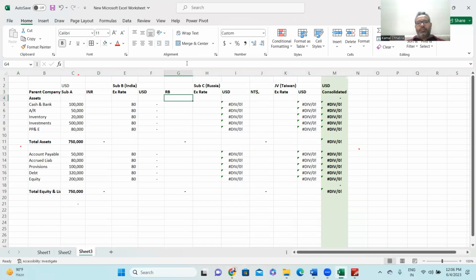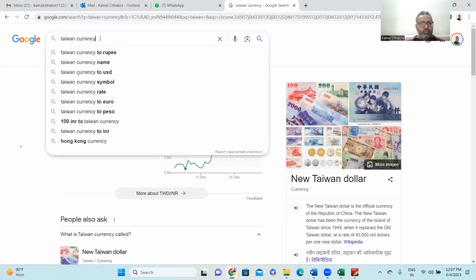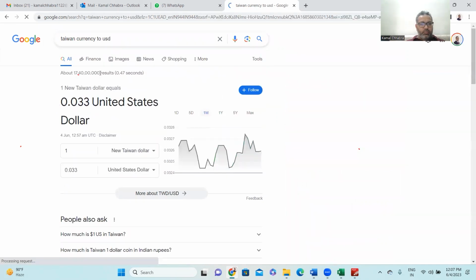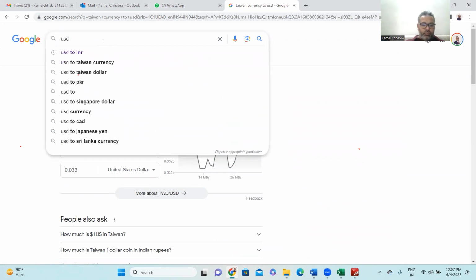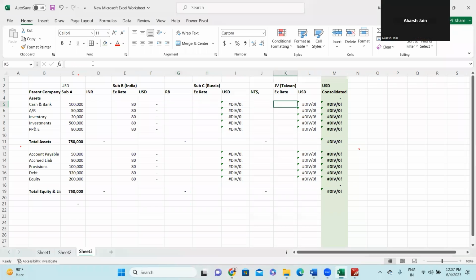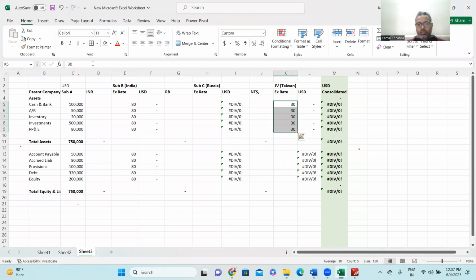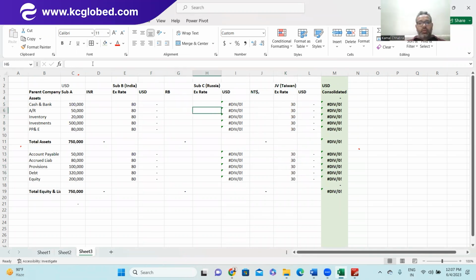Ruble to USD. I told the INR one, just a second. $0.012. No, you are saying it the opposite way. Yes, opposite. 80.80. Sorry, 80.80. So almost similar to India.